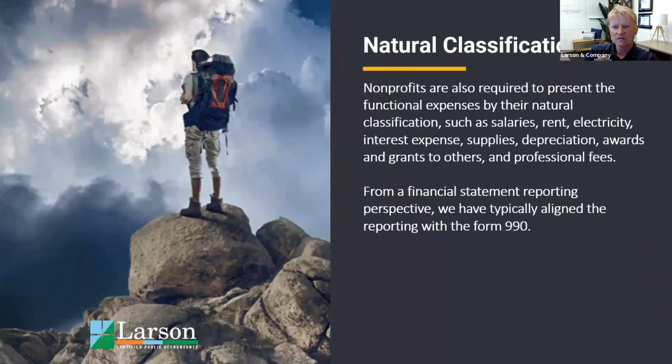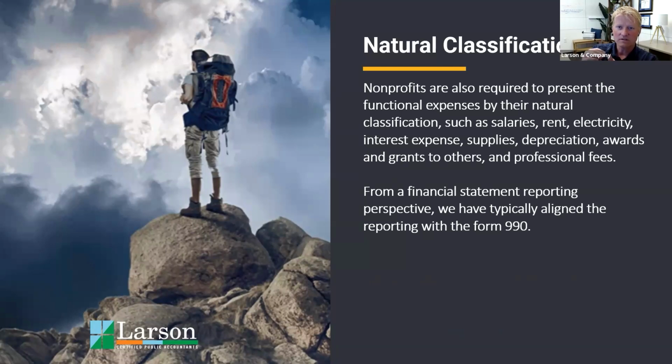All right, we've mentioned a little bit of natural classification. I haven't gotten too much into that yet. So we've talked about the functional classification, which goes programs, supporting, fundraising. The natural classification piece is that nonprofits are also required to present the functional expenses by the type of expense that they are.